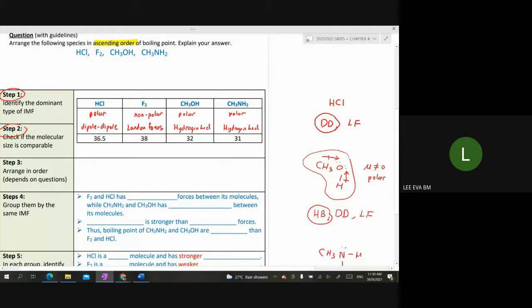So kita boleh kumpulkan HCl and F2, dipole-dipole and London forces, under the category of van der Waals, whereas your alcohol, CH3OH, and also CH3NH2 are under the group for hydrogen bond. So which group gives you the lower boiling point? Is it van der Waals with the lower boiling point, or hydrogen bond with the lower boiling point?